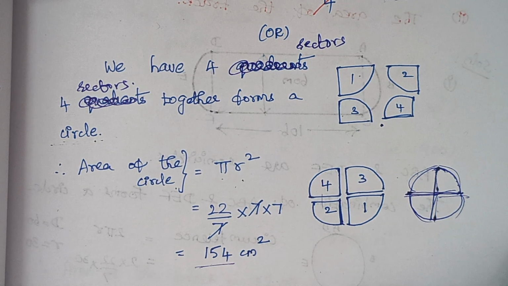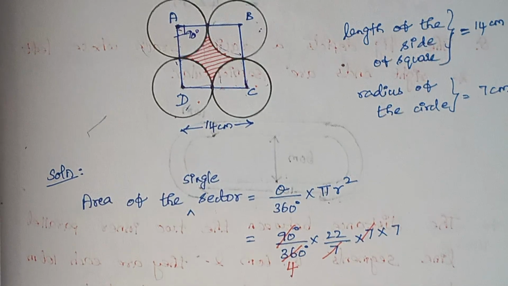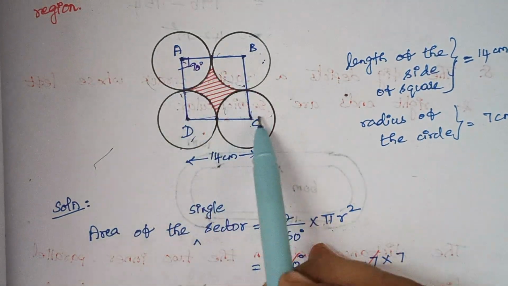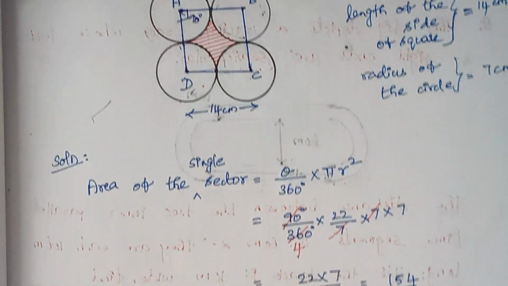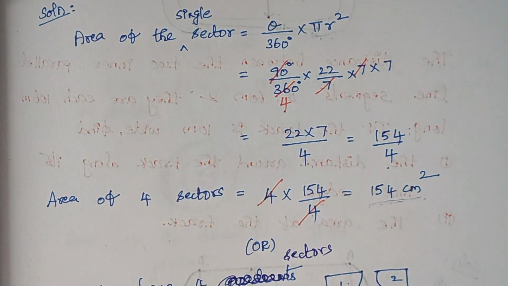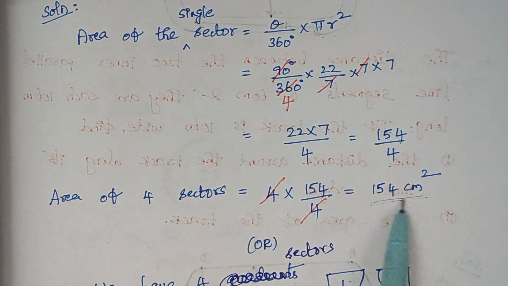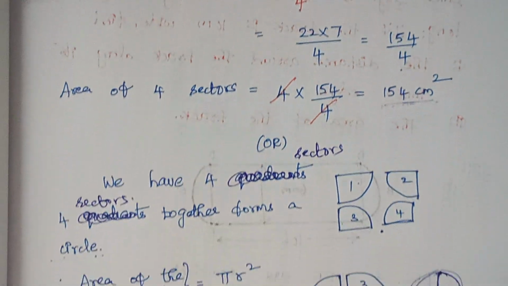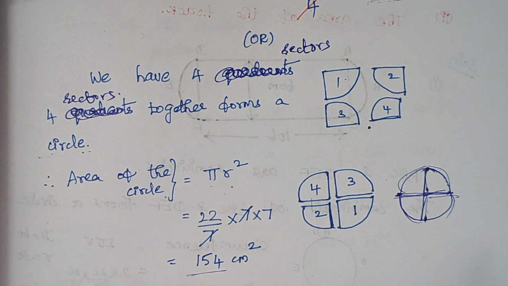Since they have the same radius, automatically the area enclosed will be the same, and all four sides have the same length. So you can find the area of the sectors either way. When you solve by this method you get 154 centimeters square, and by the other method you get the same answer.